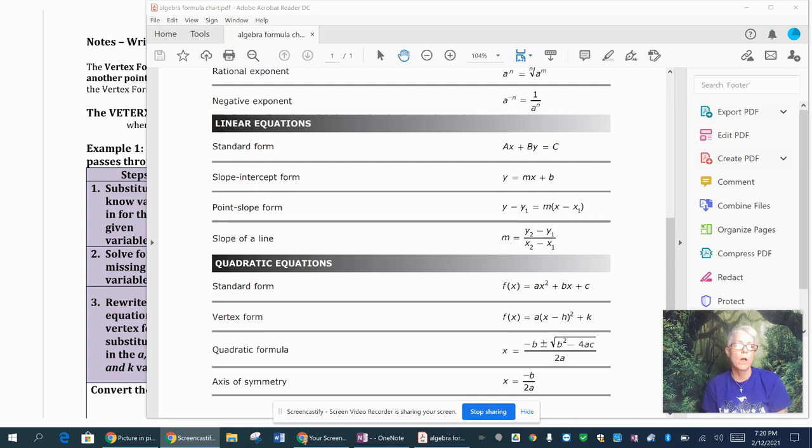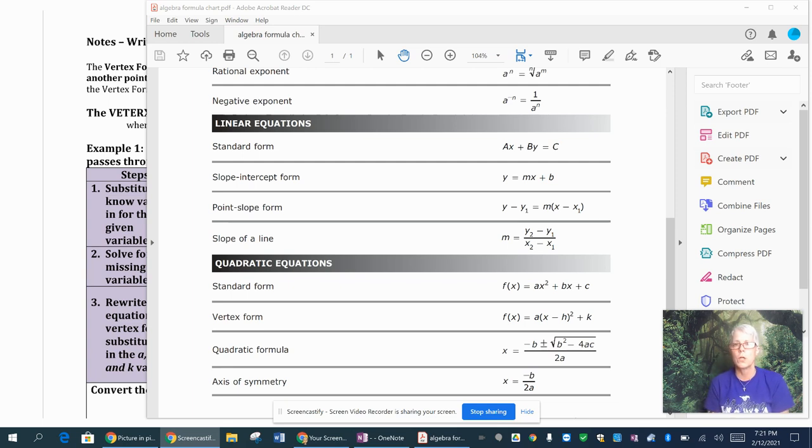If you can recall, the vertex is the lowest part of a parabola that's created by a quadratic equation, or it can be the highest part, depending on if the parabola is upside down or right side up. If you named the ordered pair of that vertex, that's the H and the K in this vertex form.